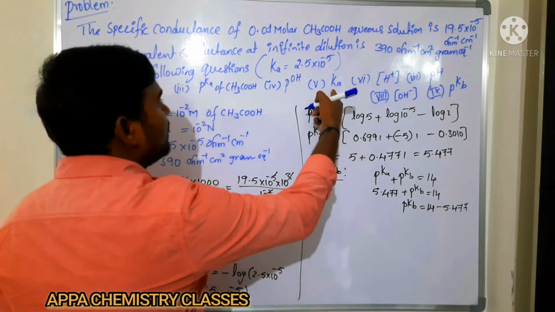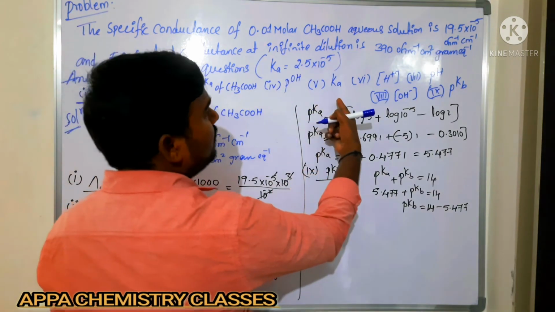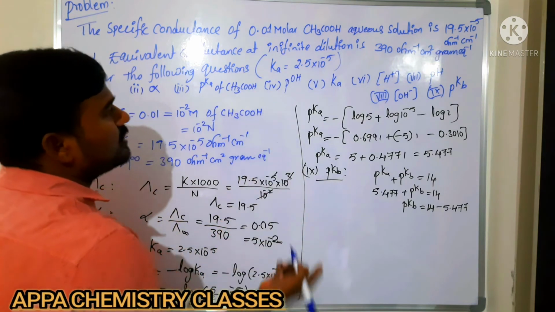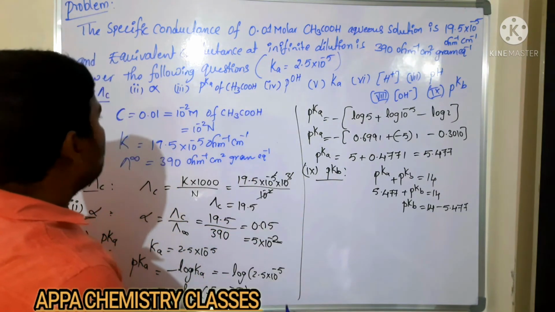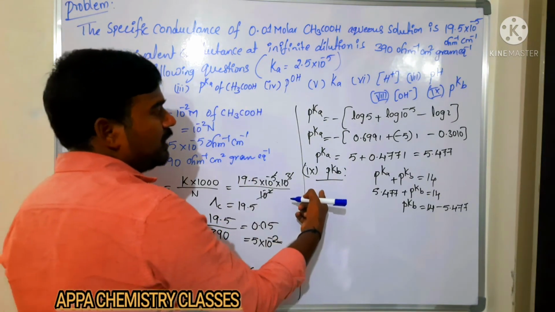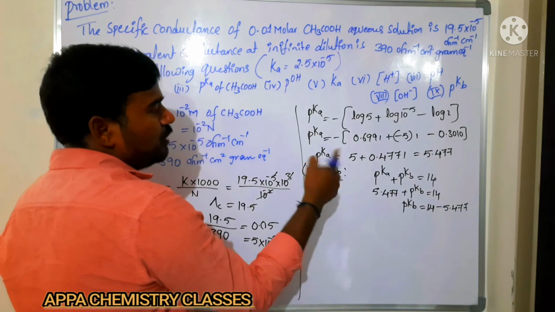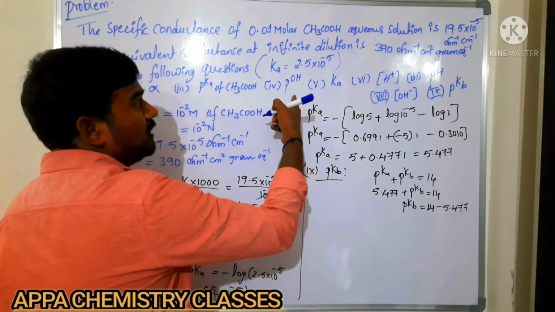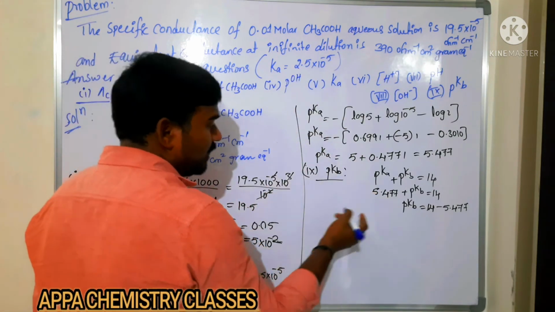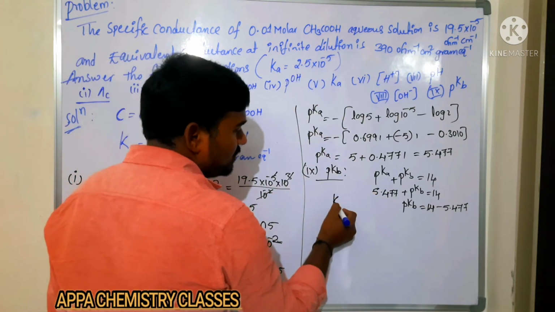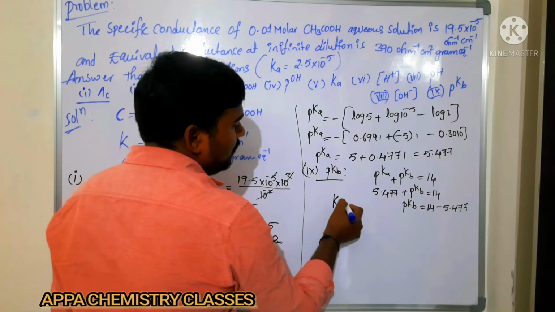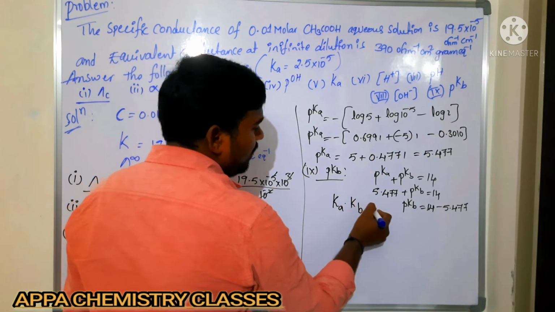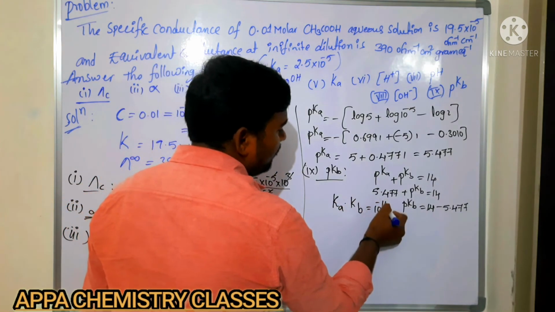And one more, here Kb is there, no? They asked Ka as well as Kb. If you want to calculate pKb, without knowing the Kb value we cannot calculate; if you know the pKa value we can calculate. Another way: if they ask the Kb value also, we know that Ka into Kb is equal to 10 power minus 14.